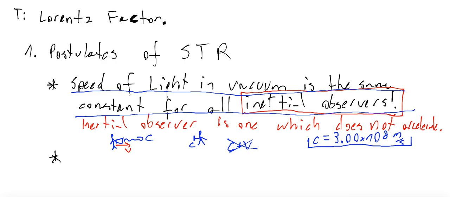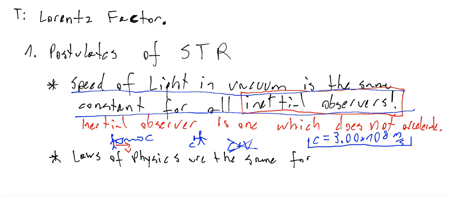The second principle of the special theory of relativity is the fact that the laws of physics are the same for all inertial observers. So you know who is an inertial observer, and now what does it mean that the laws of physics are the same for all inertial observers?